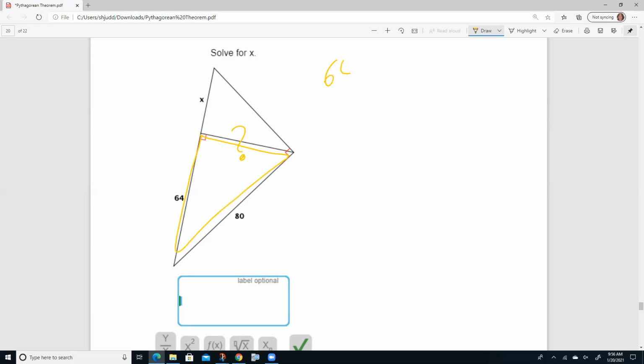So I know 64 squared plus, we'll decide that to be b, squared, equals 80 squared. Notice how there's a right triangle inside of a right triangle. So 64 squared is 4,096 plus b squared, which is equal to 80 squared, which is 6,400.